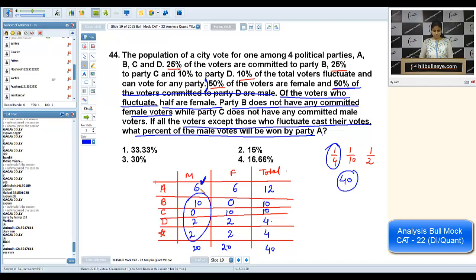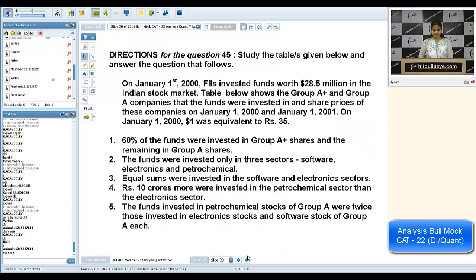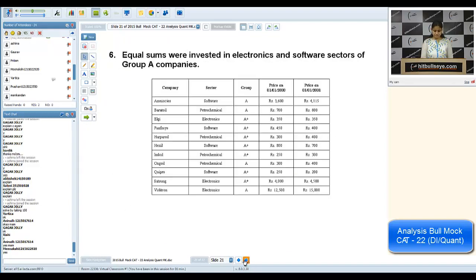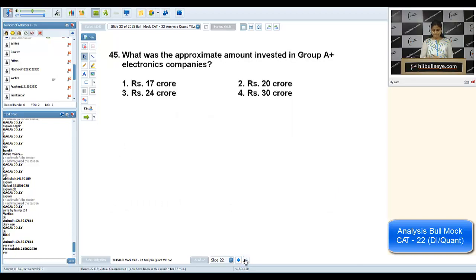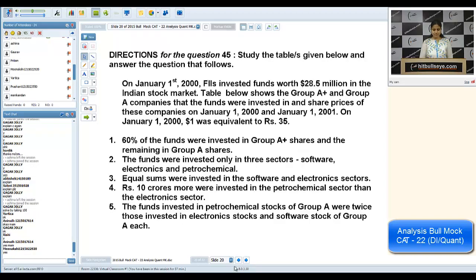So let us move. Next, again, calculation only. Any problem in this set?